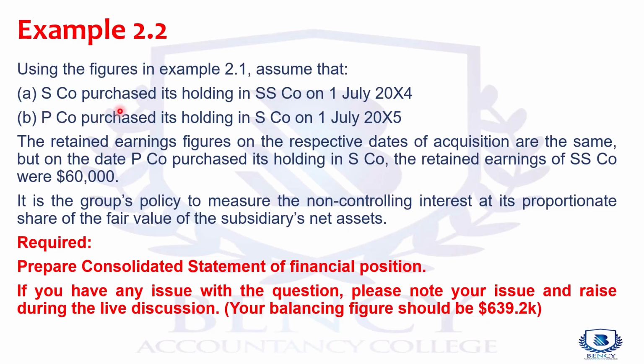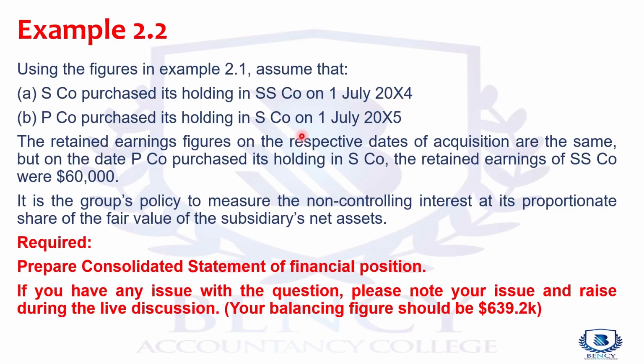The date that P acquires its holdings in S is 1st July 20x5, and the date that S acquired its holding in SS is 1st July 20x4. So here we're going to have the subsidiary and sub-subsidiary in existence before we acquired the subsidiary.